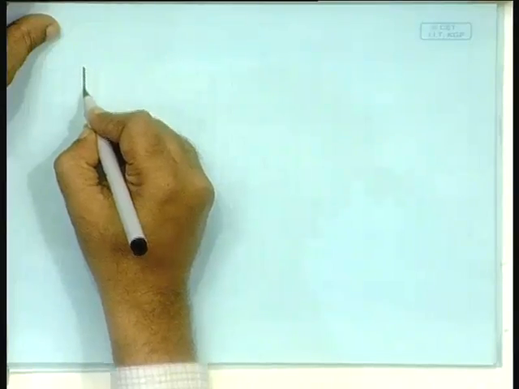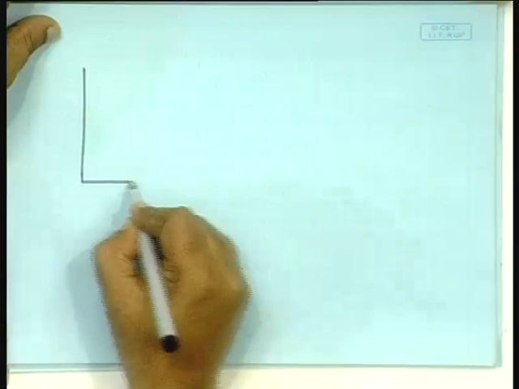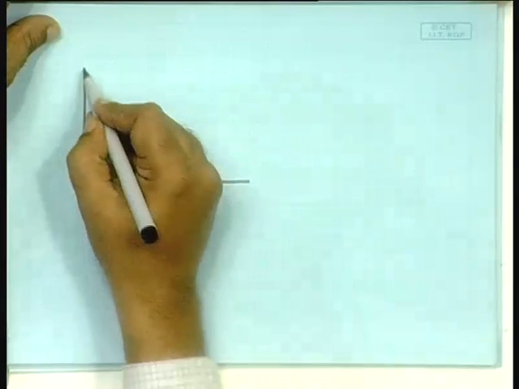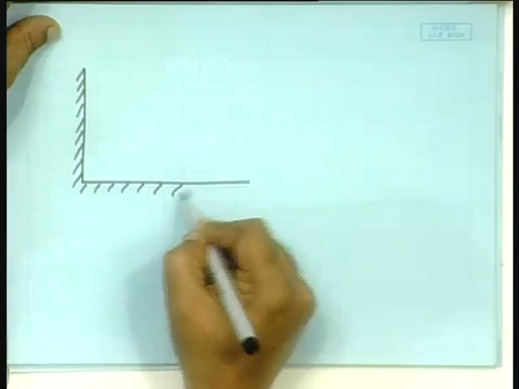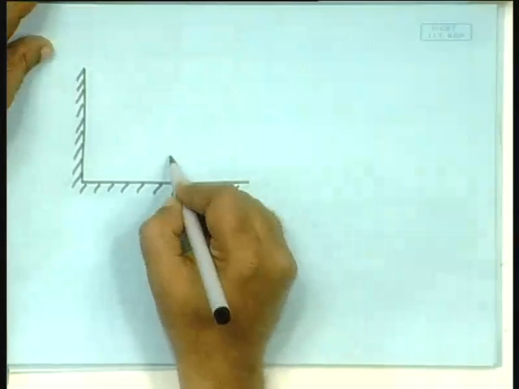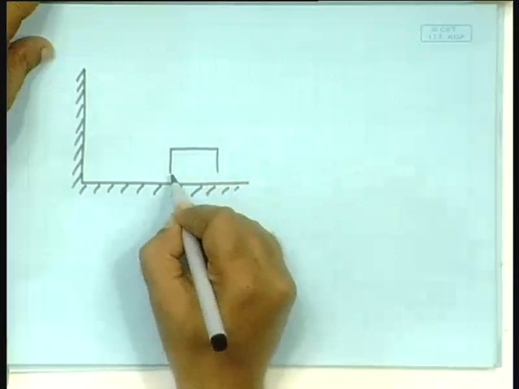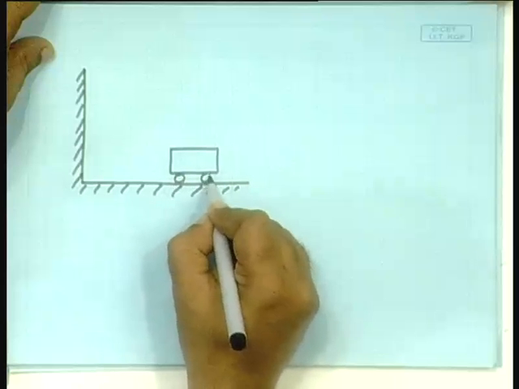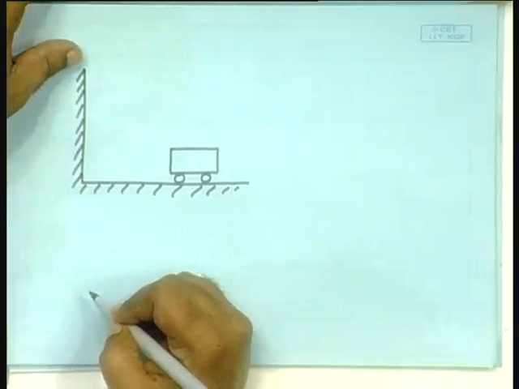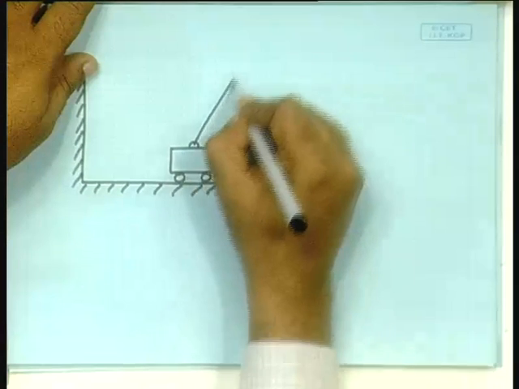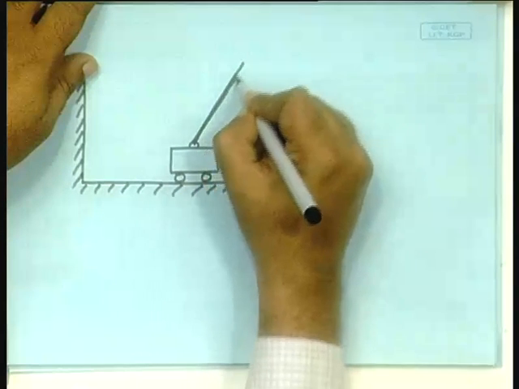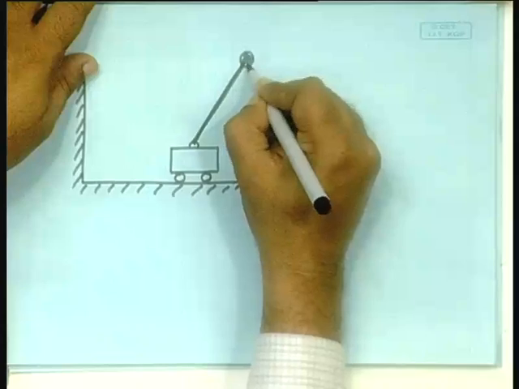So, the inverted pendulum problem is where you have the base along with the wall, and there is a cart with wheels, and the pendulum is like this.